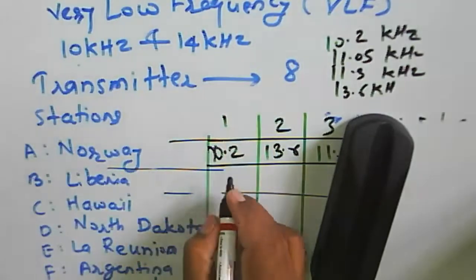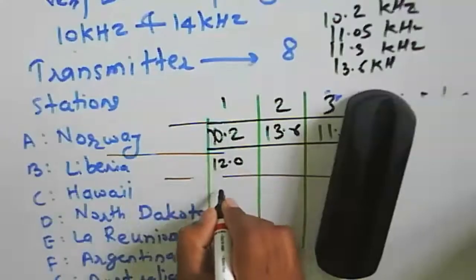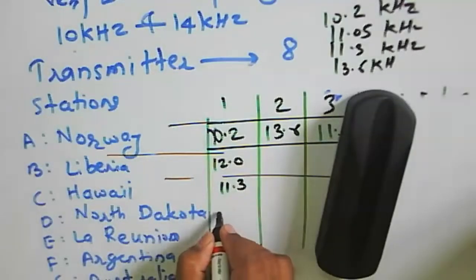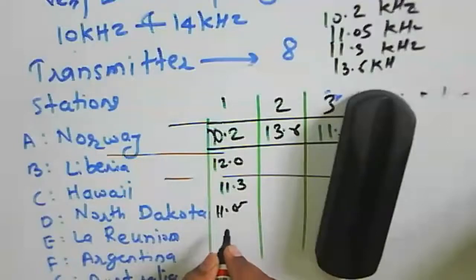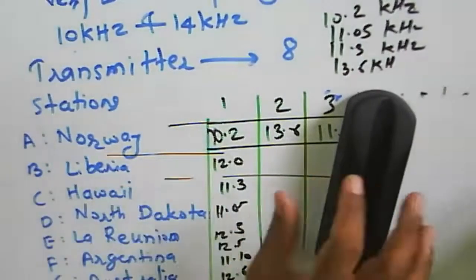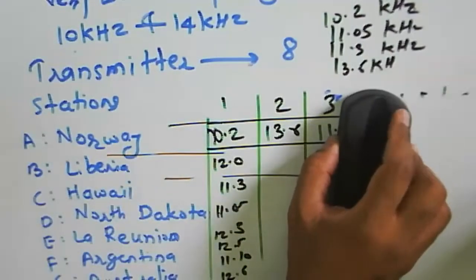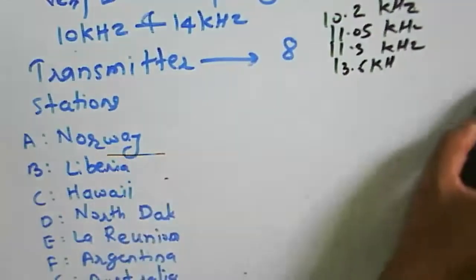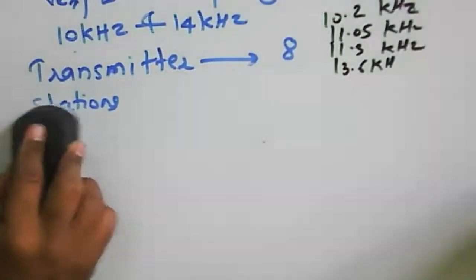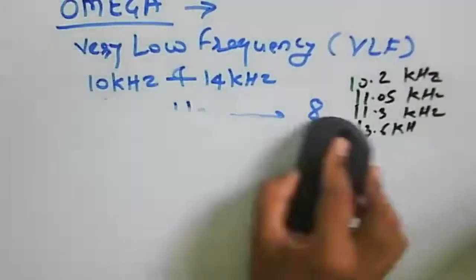Suppose this one transmits 10.2, then this one will transmit 12.0, 11.3, 11.05, and likewise 12.3, 12.5, 11.10, 12.6. These are the various frequencies transmitted by the stations at particular periods of time. So no two stations transmit the same frequency at the same time, and that is important here.